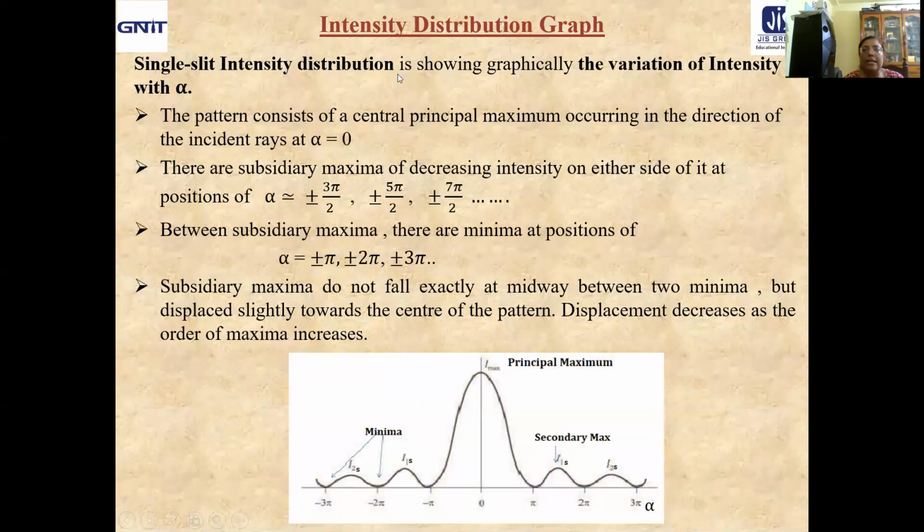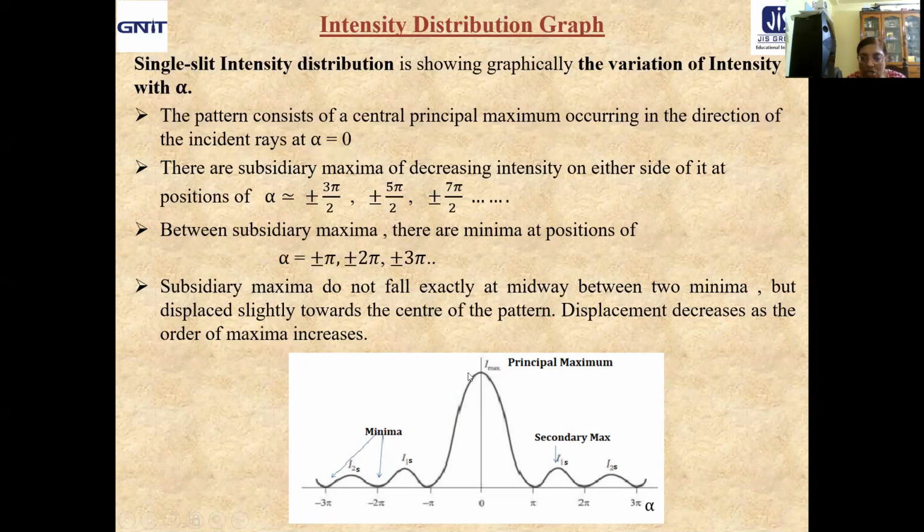Here, the single slit intensity distribution is shown graphically by plotting I along Y and alpha along X. Just take a look at the special characteristics of the pattern. The pattern consists of a central principal maximum occurring in the direction of the incident rays at alpha equal to 0. That means directly opposite to the slit, at P in our diagram.